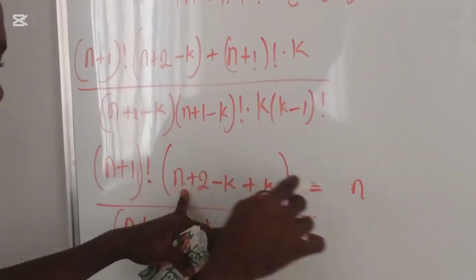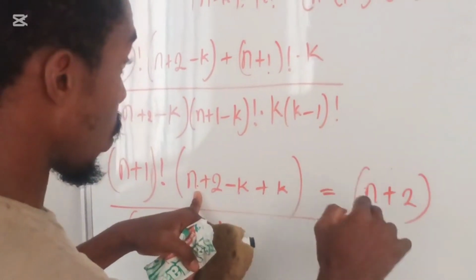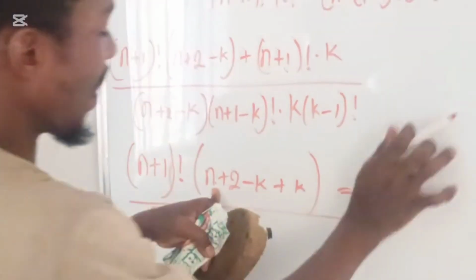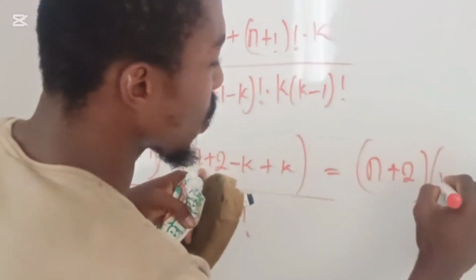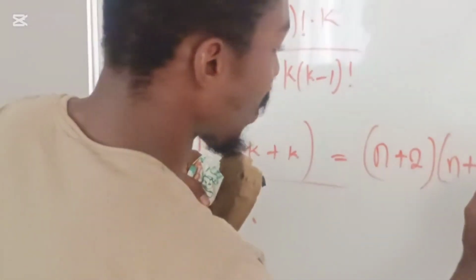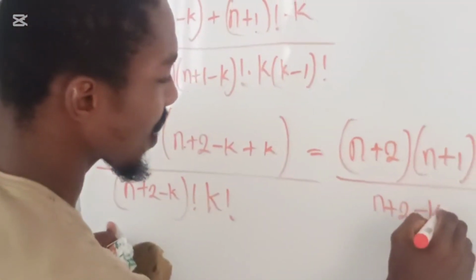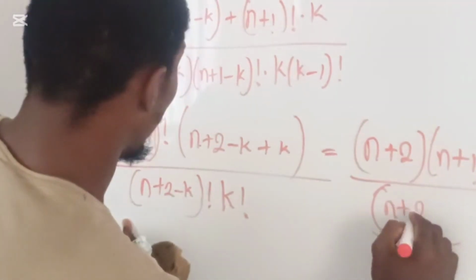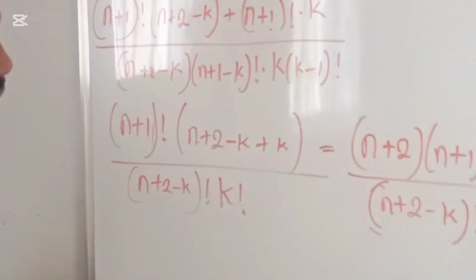No. Okay, n plus 2 factorial. So what I have now is n plus 2 into n plus 1 factorial all over n plus 2 minus k, n plus 2 minus k factorial, k factorial.